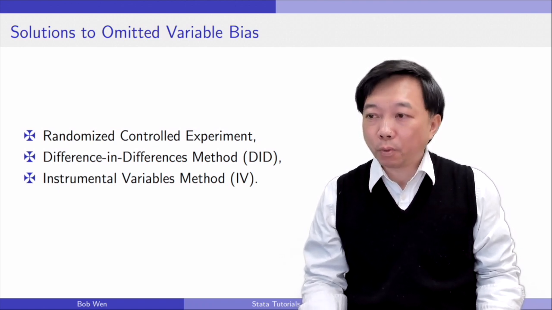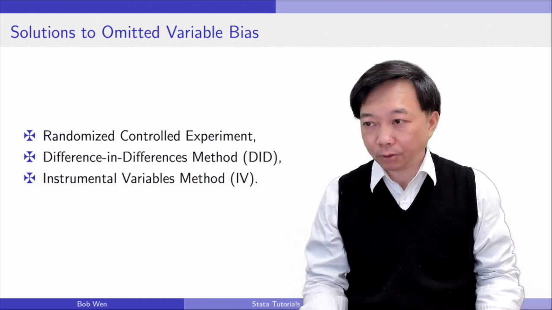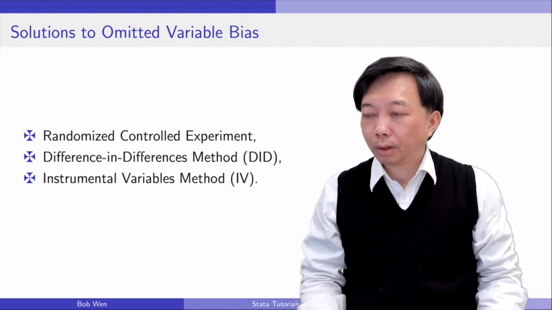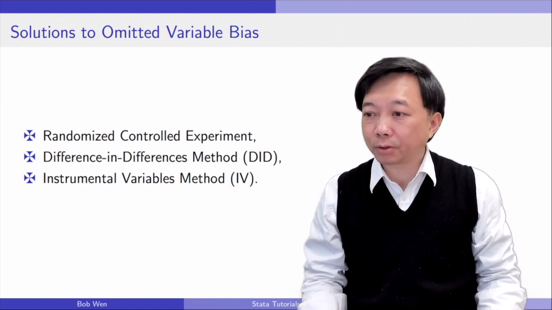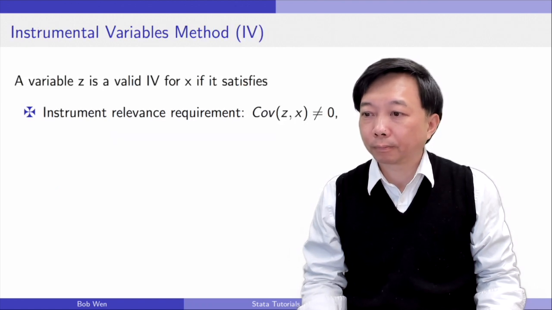Using the instrumental variables method, we need to find a variable that relates to the endogenous variable, education in our example, and we use it as an instrument to find an unbiased or consistent estimate for the return to education.